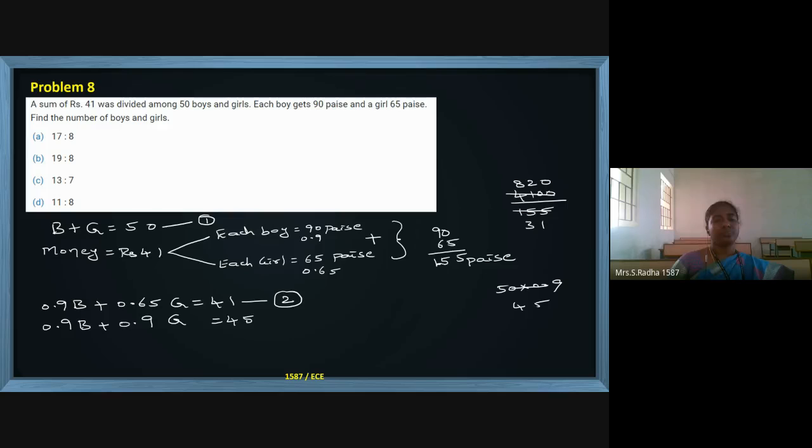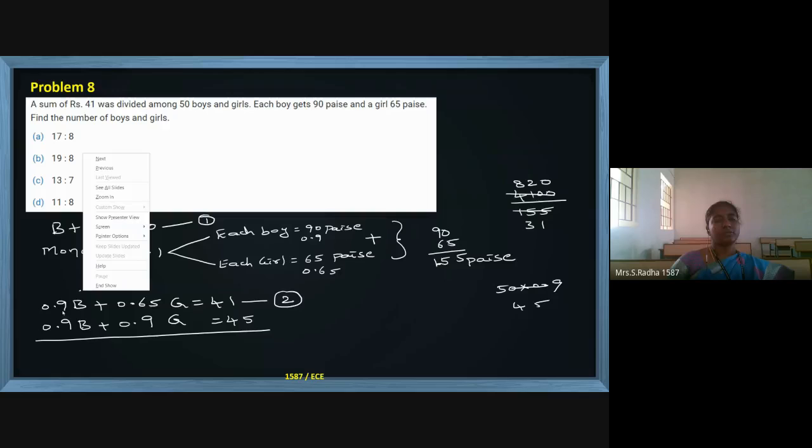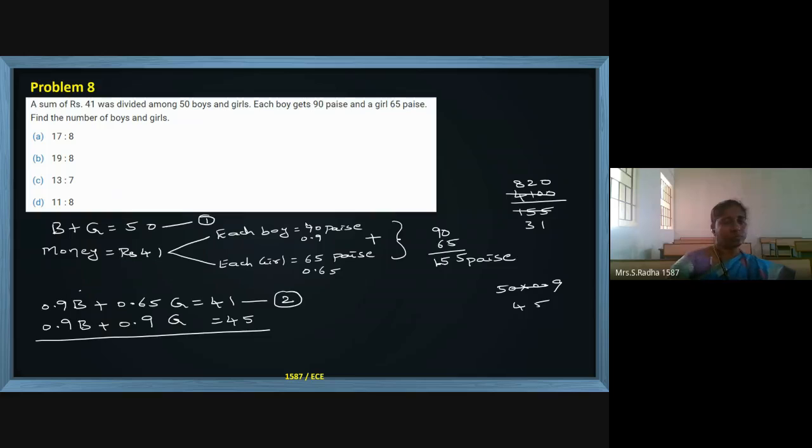Now, if you subtract, what will happen? If you subtract, the sign changes for the second number.